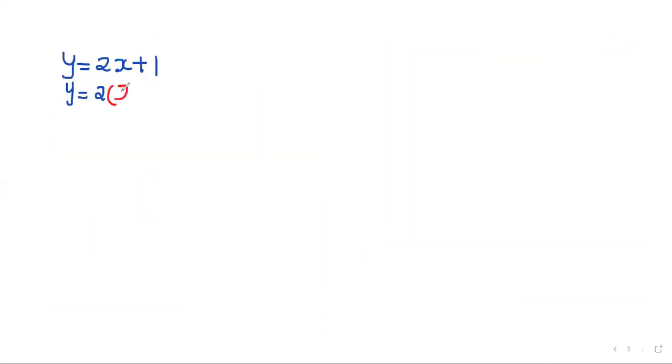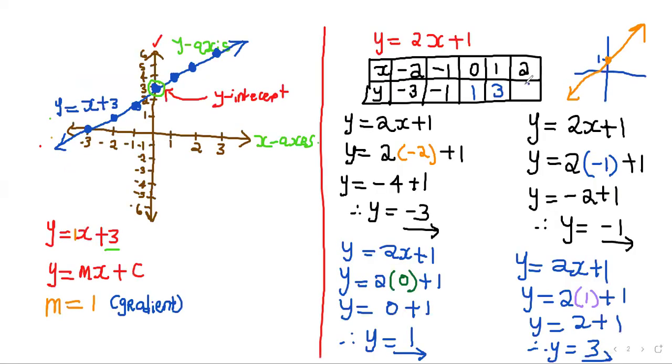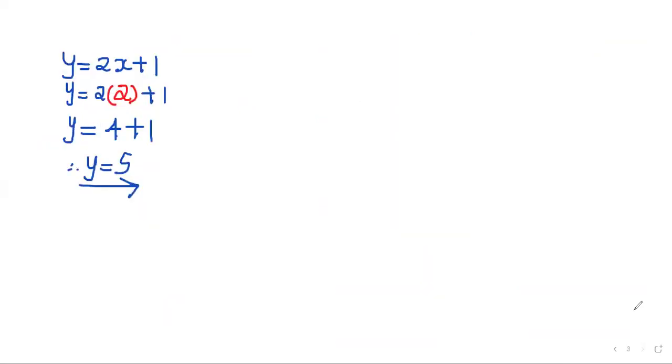So I'm going to write 2, and then plus 1. And then here you're going to say y equals 2 times 2, it will be 4, then you say plus 1. Therefore, the y value is 5. So this 5 that we got, we write it in the table right there. And then after this, guys, that's when you plot the graph.